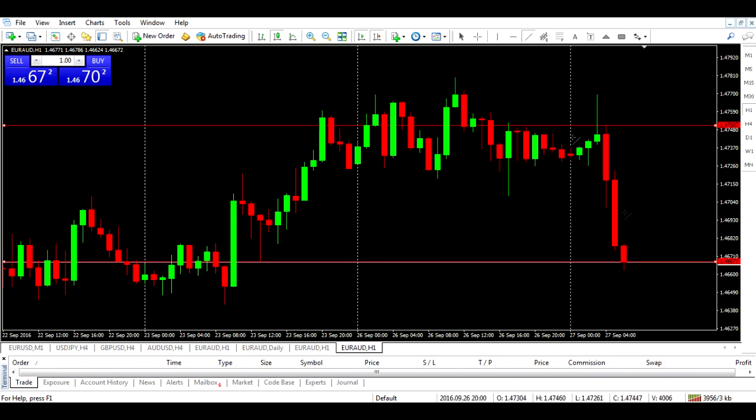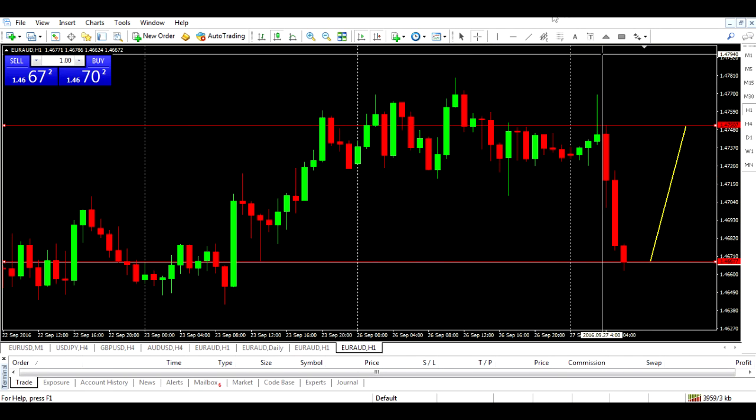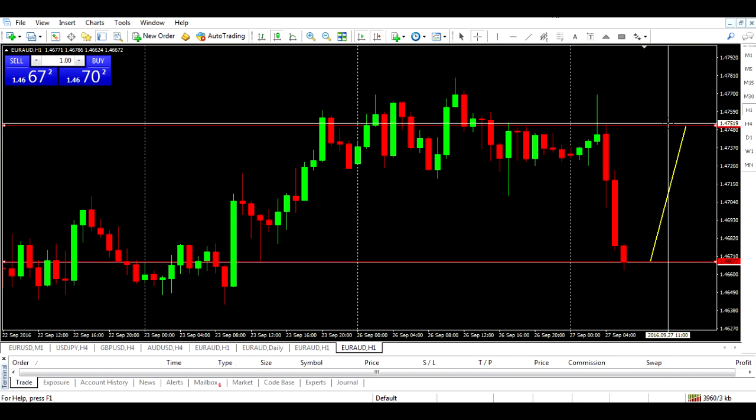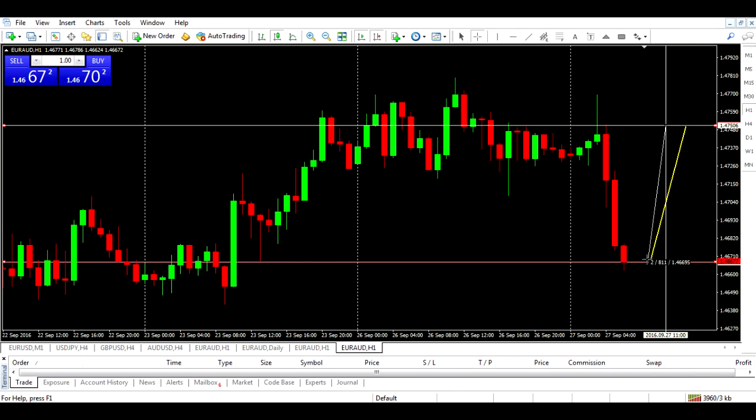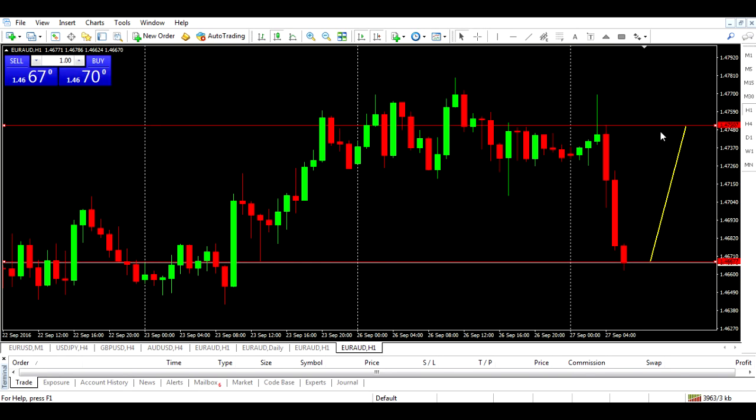When price moves from my entry to my take profit, it will close the trade and I would be cashing in my winnings. Let's measure this: 80 pips. I would be winning 80 pips multiplied by my lot size, and that will be added to my account.